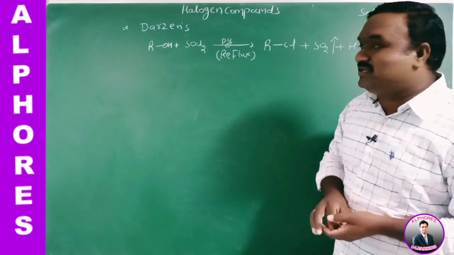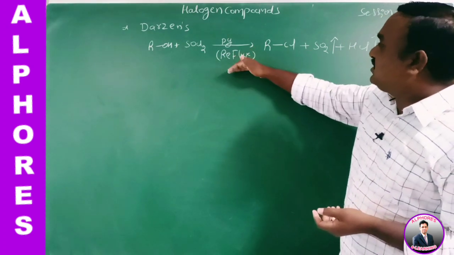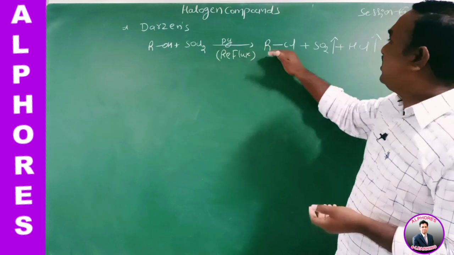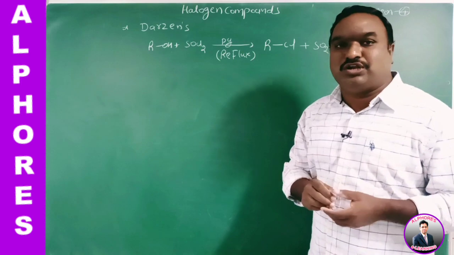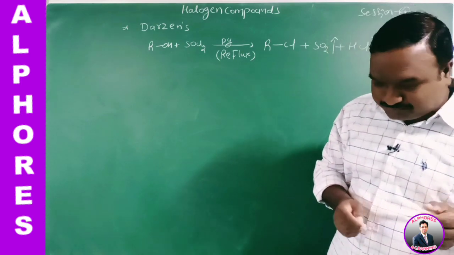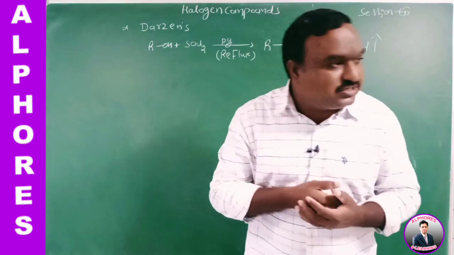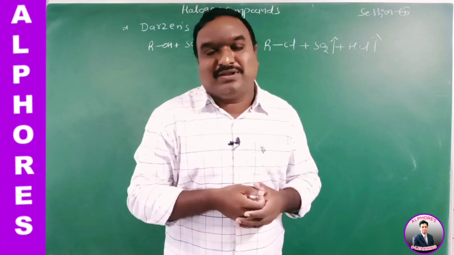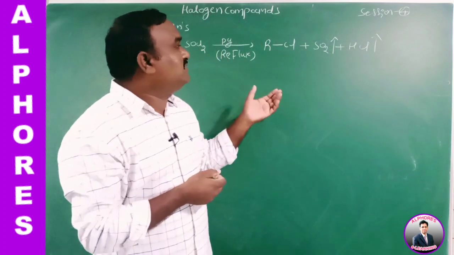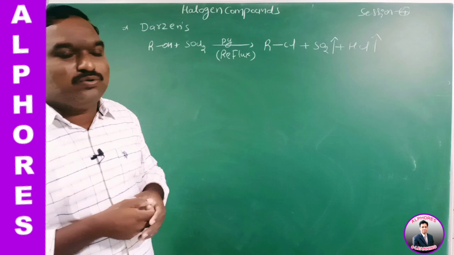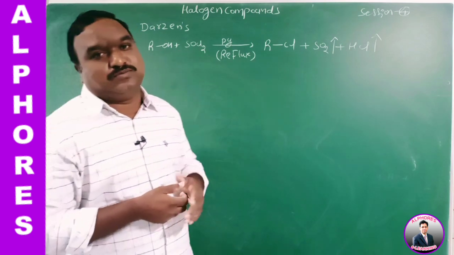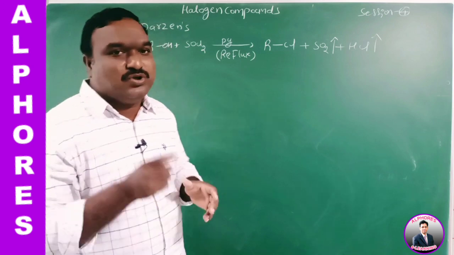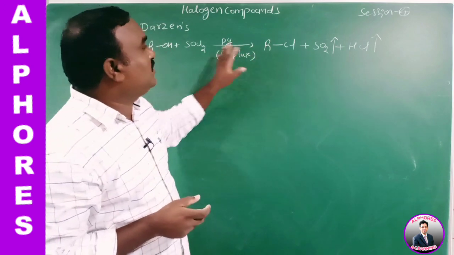Due to that reason, it is one of the better reagents to prepare alkyl chlorides from alcohols. Which one? SOCl2. By using this reaction, we cannot prepare alkyl iodides and alkyl bromides. Why? Because SOBr2 and SOI2 are not possible. Due to that reason, we prepare only alkyl chlorides.